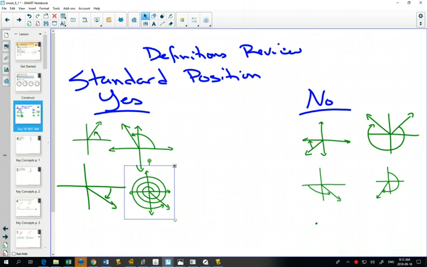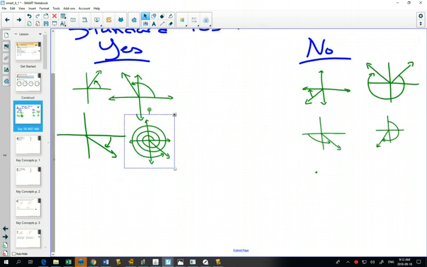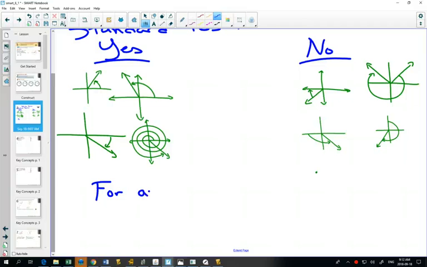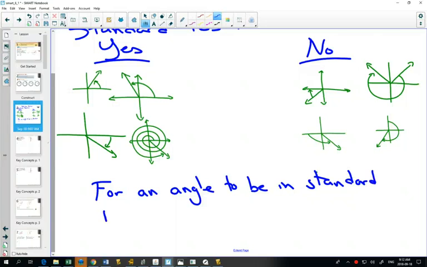All right, so for standard position, what has to happen for an angle to be in standard position? What do all the ones on the yes side have that the no side doesn't?